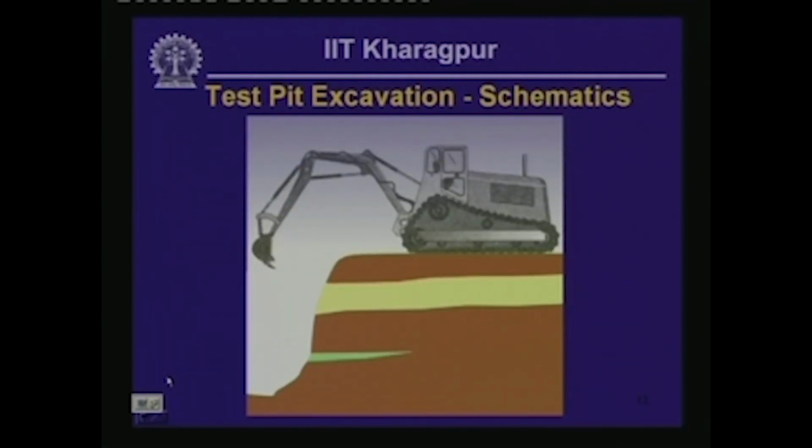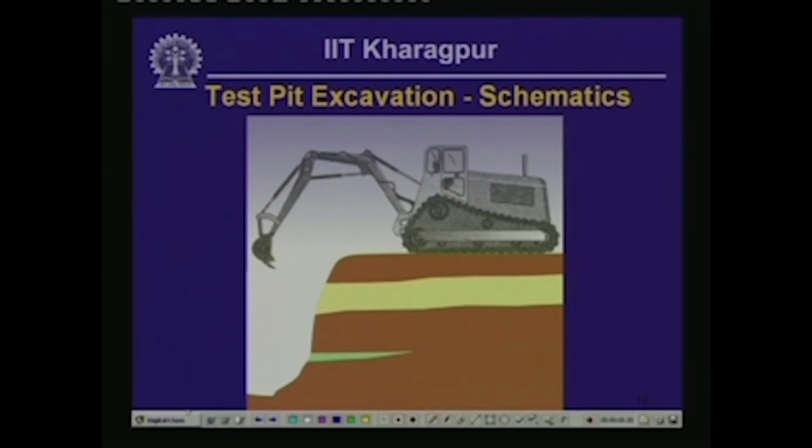Okay, so this cartoon here shows a schematic of a test pit excavation process. Here we see that the test pit is proceeding from say soil number 1 near the surface, then it penetrated soil number 2. All these could be different types of soils like silt or sand or clay silt or any organic material, what have you.